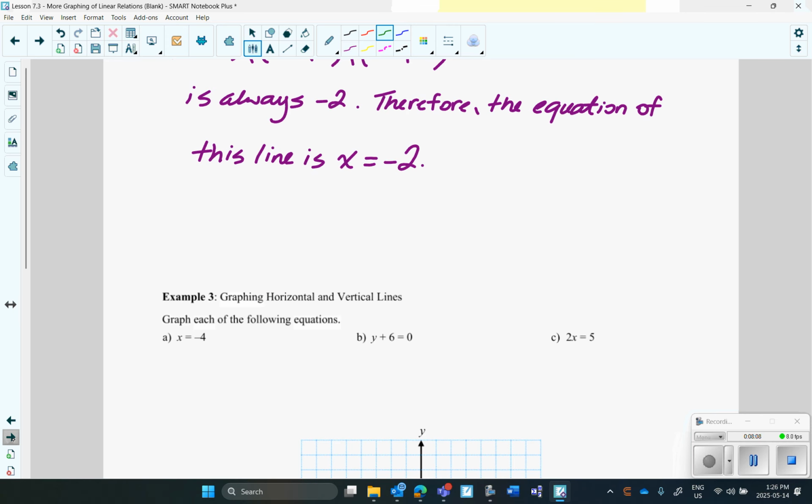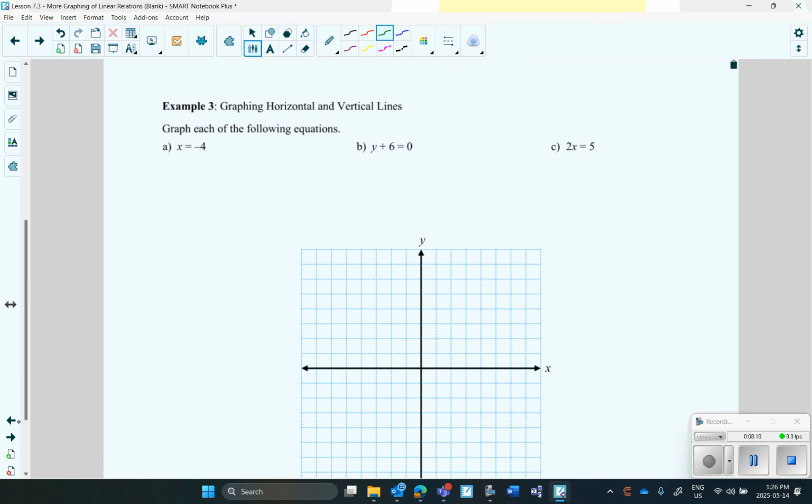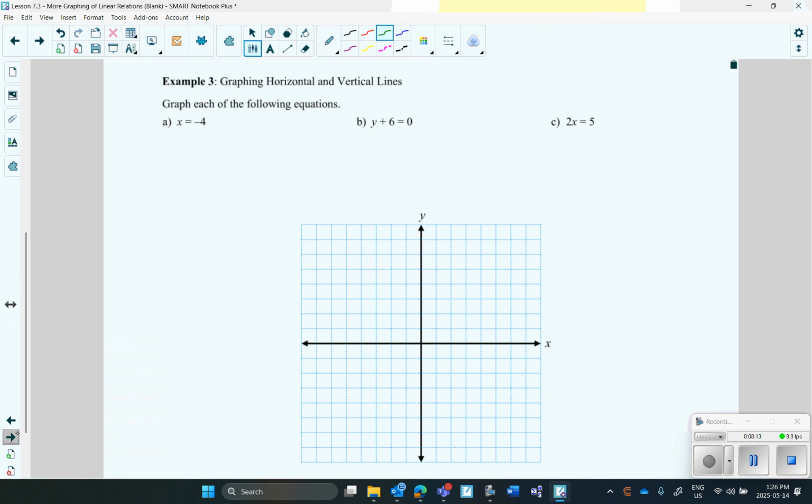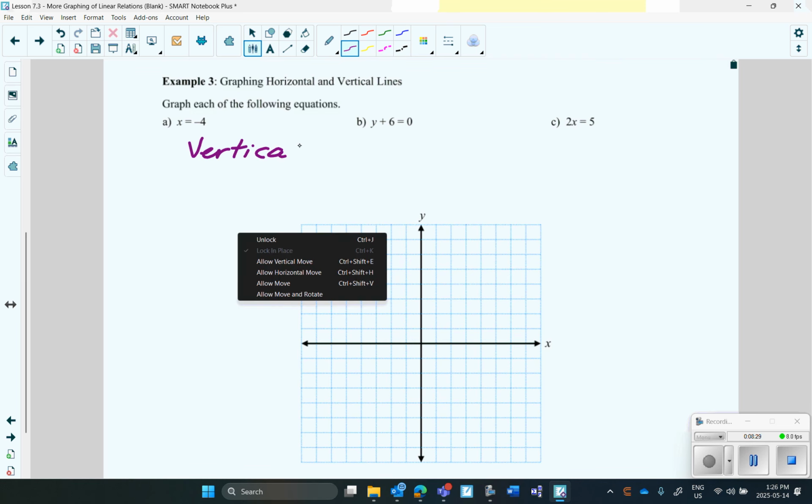So let's go the other way. Let me give you the equation, and you decide how to graph it. Is this vertical or horizontal? If it's x equals, it's vertical. Think of it as the opposite to its axis. X equals is opposite the x-axis, which is the y. Which means it's vertical.